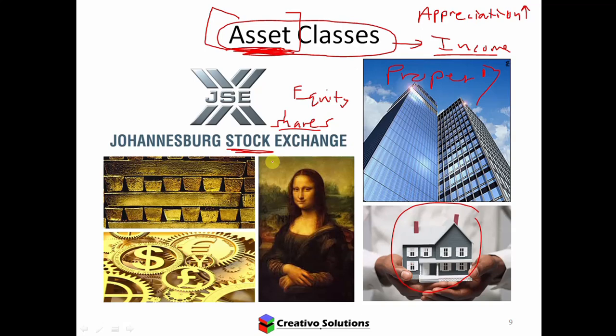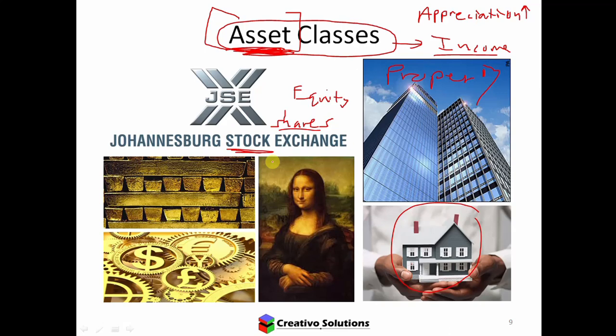All right, so when we're looking specifically at an asset class, it is just looking at a category or a grouping of similar assets that we can make use of, that we can purchase, that can generate some sort of investment return over the longer period of time. All right, so for example, paintings.